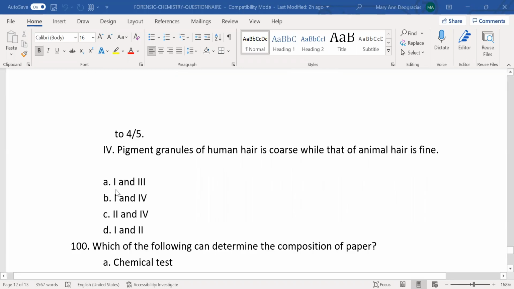Ito yung pagpipilian natin. Ang sagot dito is ano?